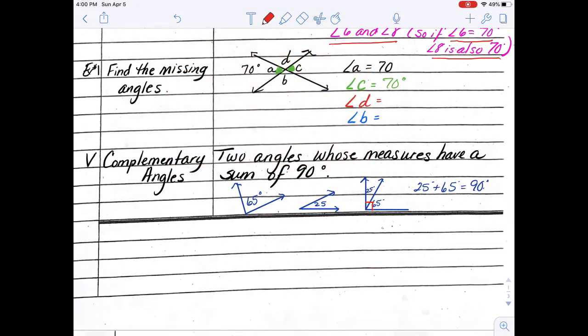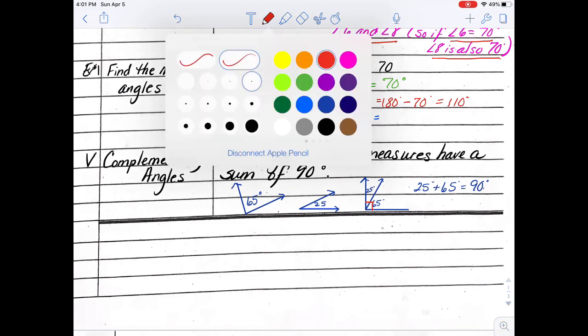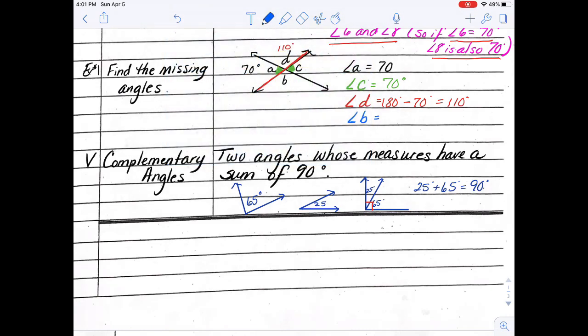I can see, though, if I put A and D together, they make a straight line, which means that if I take 180 degrees, which is a straight line, and I subtract what A was, which was 70, that's going to give me 110 degrees. So I now know D is 110. Well, if D is 110 and vertical to B, that means B is 110 degrees.